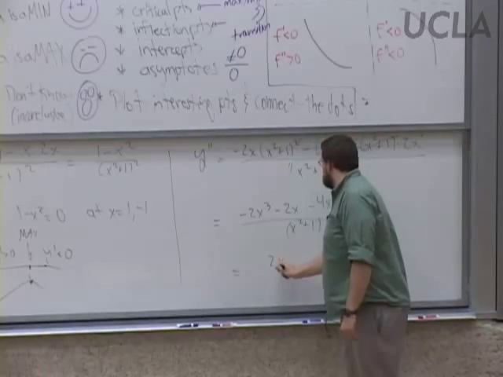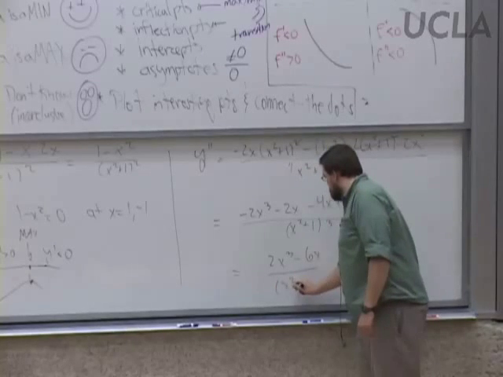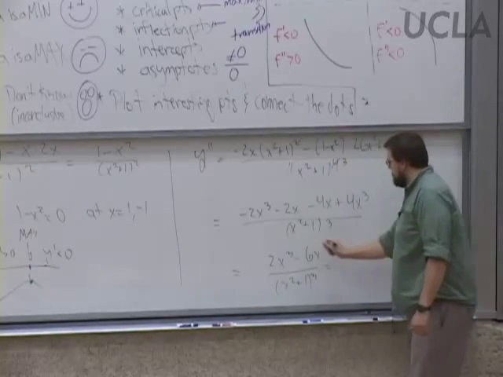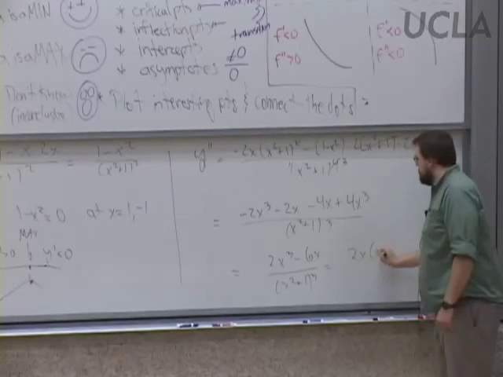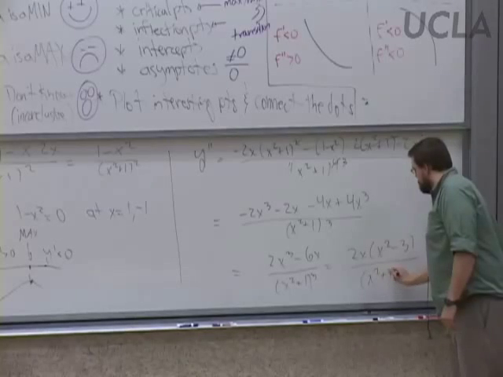This is 2x cubed minus 6x over x squared plus 1 cubed, which I can factor. This is 2x times x squared minus 3, over x squared plus 1 cubed.